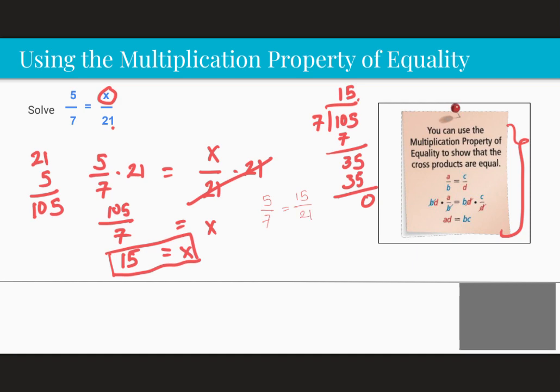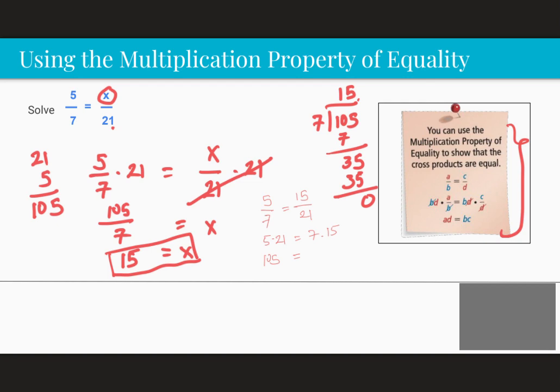If we do cross multiplication, 5 times 21 is equal to 7 times 15. So 21 times 5 should be 105, and if we multiply 7 and 15, we should get 105 also.